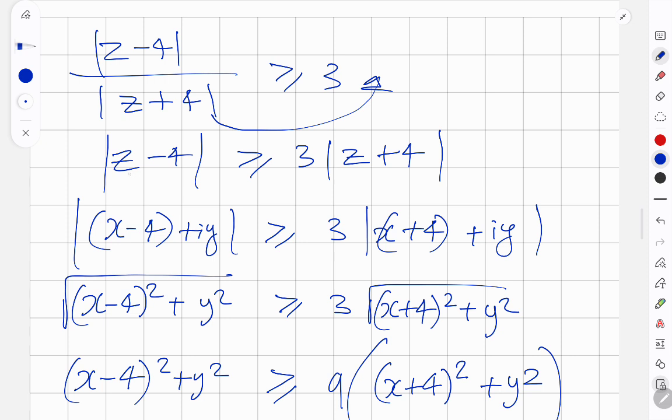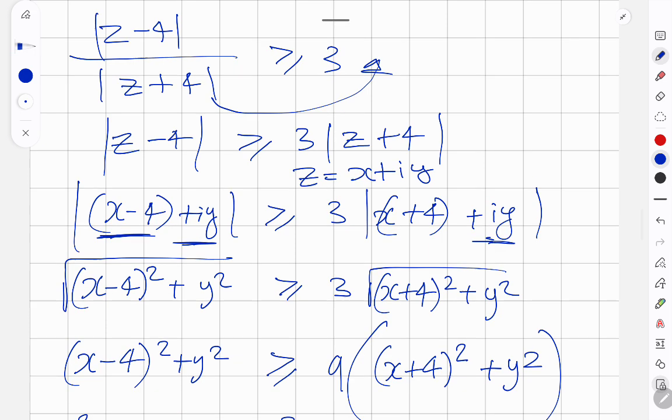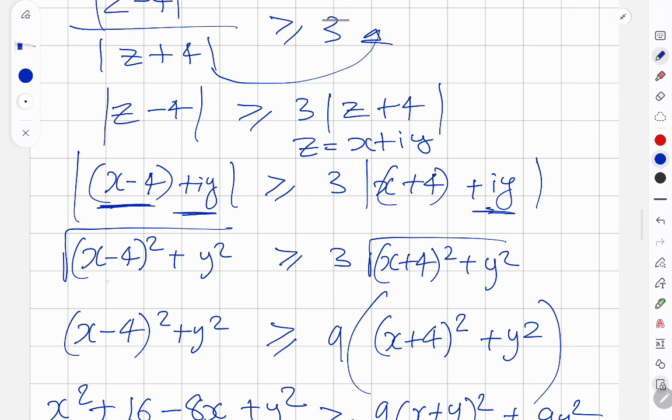Then I substituted z equals x plus iy. Here I put z equals x plus iy. After putting x plus iy, there was a 4. I combined it with the real part and kept the imaginary part on that side. Similarly, I did the same thing over here. If you take the modulus, you get a square plus b square, also here a square plus b square.